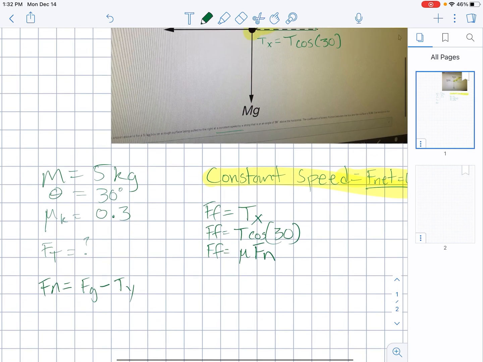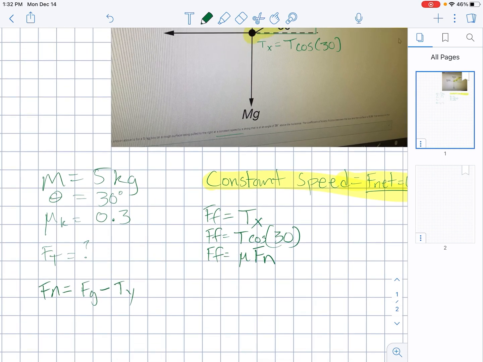If we want to find normal force, it's gravity minus the y component of that tensional force. Another way to write this is normal force equals mass times gravity minus T, sorry, it's supposed to be sine, T sine 30.